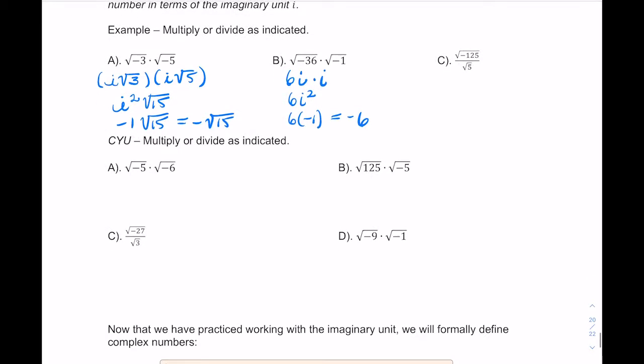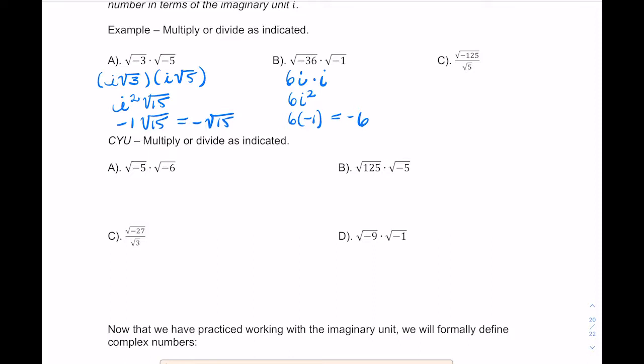In letter C, I'm dividing. So again, you can't use the quotient rule the same way that we used the product rule as well. So we're going to first break these down, and I'm going to have the square root of negative 125.